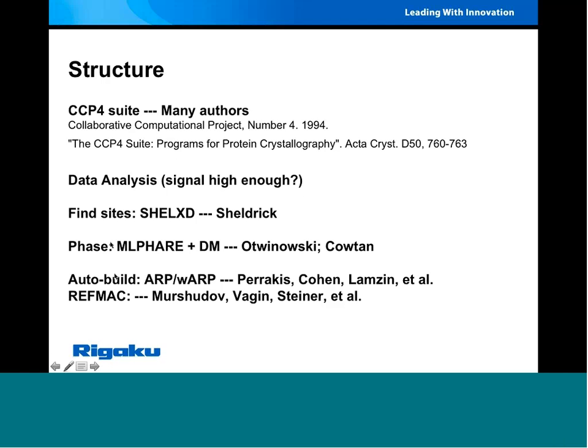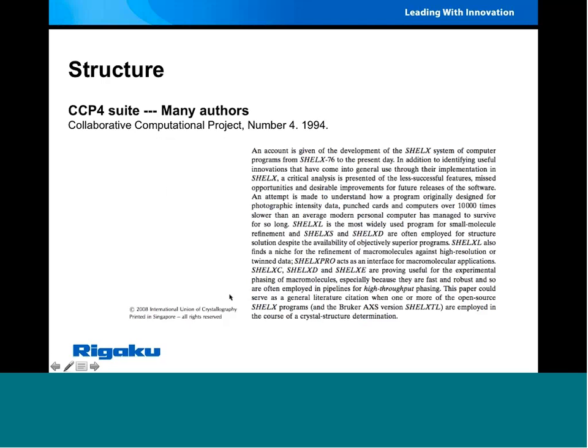Then once you have the phases, you'll have a map and you'll do auto building. We'll use ARP/wARP today from Victor Lamzin's group with Tassos Perrakis, Serge Cohen, and Garib Langer. And then, of course, ARP/wARP makes use of REFMAC from Garib Murshudov and his colleagues and so on.